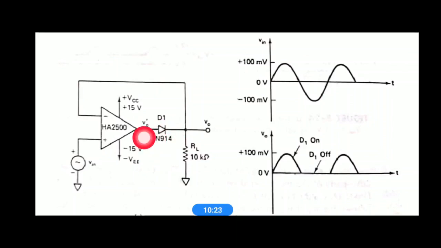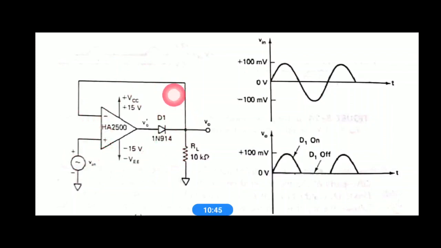Since the diode is forward biased, it will be a short circuit. Replace this diode with a short circuit, and you see that the whole circuit will be like a voltage follower.